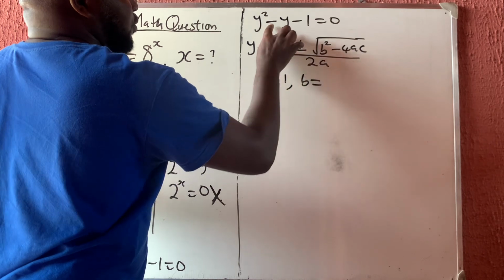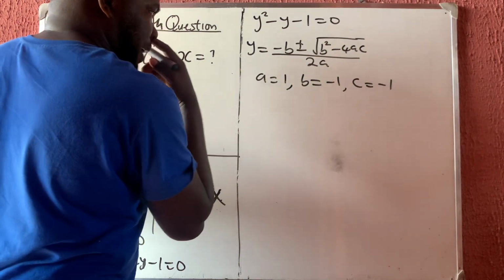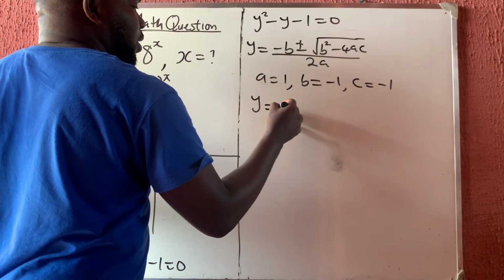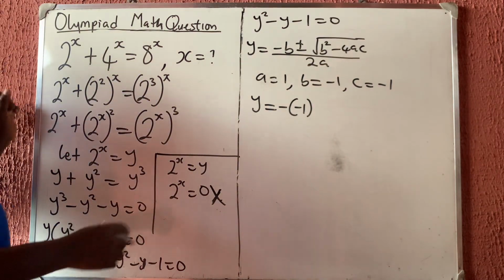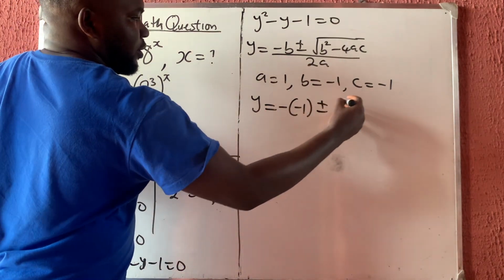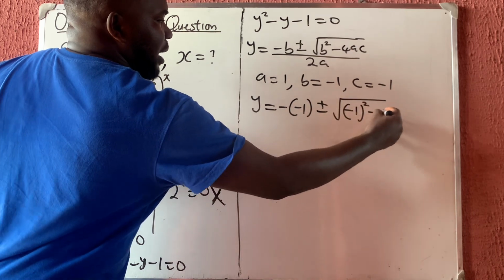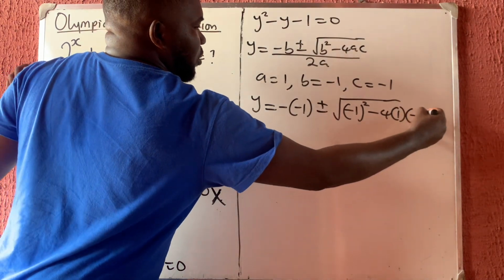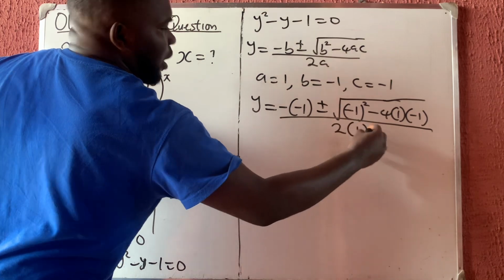My b is minus 1, and my c is minus 1. So if I put it here, y is equal to minus into minus 1, plus or minus the square root of minus 1 all squared minus 4 into 1 into minus 1, all over 2 into 1.